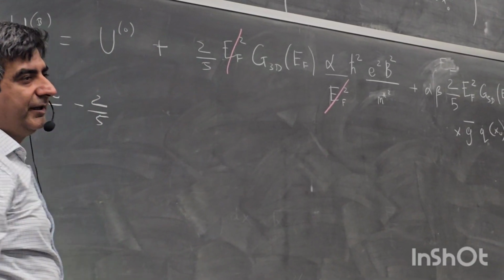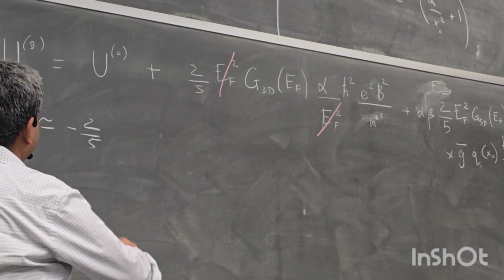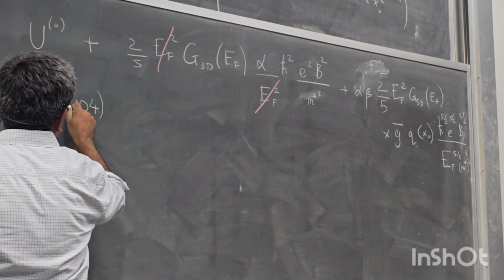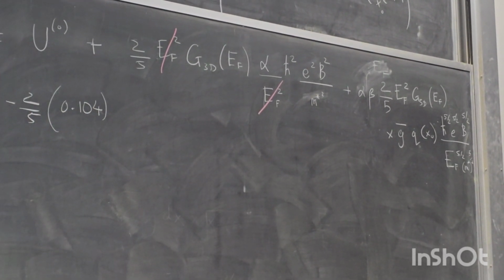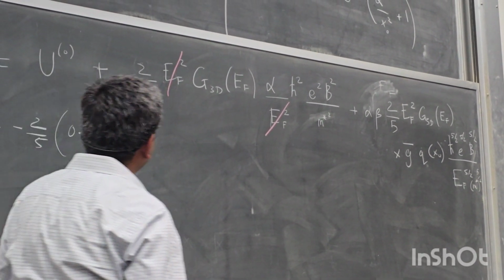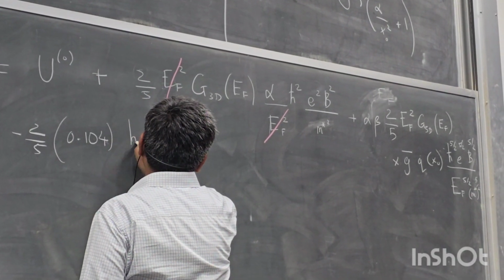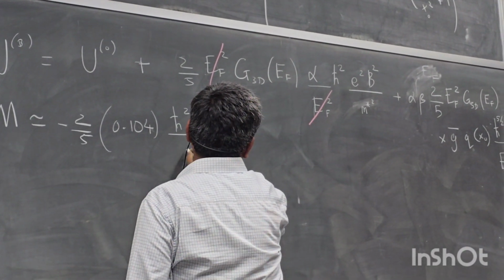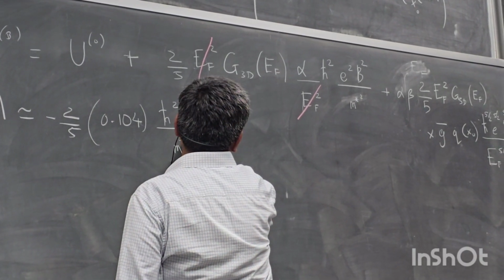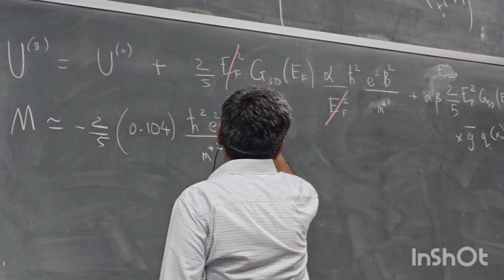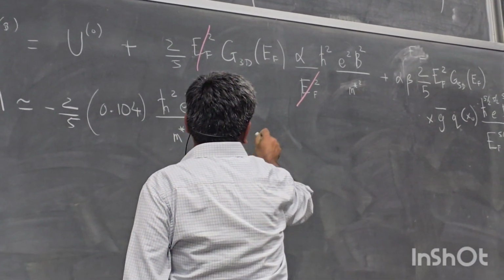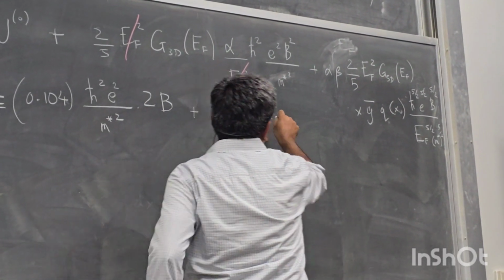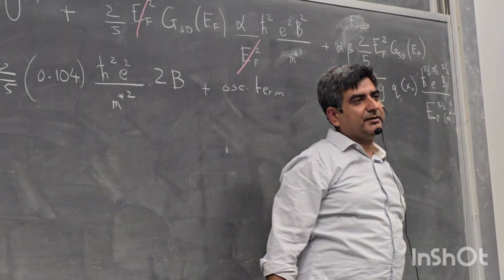Alpha is 0.104, h bar squared, e squared, 2B, plus an oscillatory term, this term. So I need to differentiate this with respect to B as well.